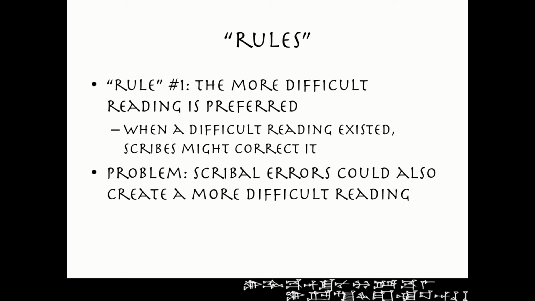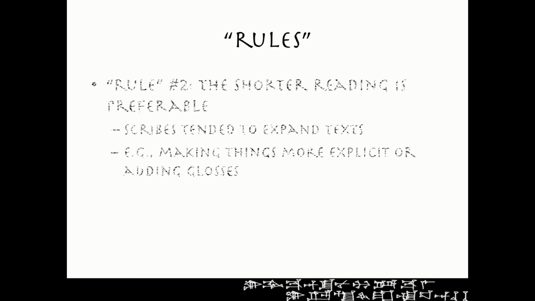But if a scribe were to accidentally write A-N-G instead of A-N-D, anticipating the G of the next word, for example, that would be a scribal error that would create a more difficult reading. We can't necessarily go with the more difficult reading. So it's a good rule, quote unquote, to go with the more difficult reading, but you can't universally apply that.